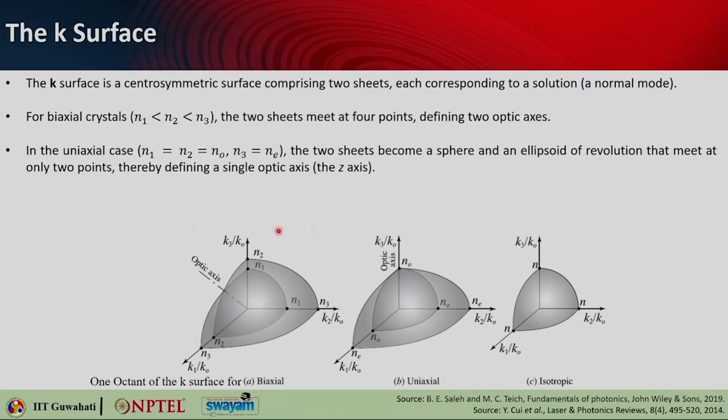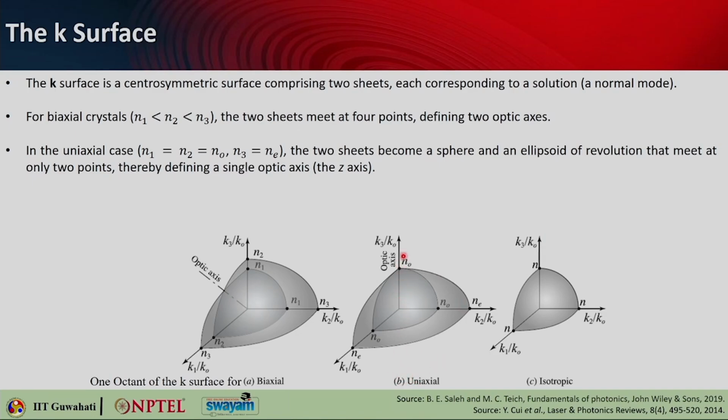In the case of uniaxial crystal, where N1 equals N2 equals NO, that is the ordinary refractive index, and N3 is the extraordinary one, the two sheets become a sphere and an ellipsoid of revolution, and they meet at only 2 points. That means we will have only one single optic axis, and that is along Z. You can see they are meeting here and also at the bottom. This is the top, and you will have the same thing happening at the bottom.